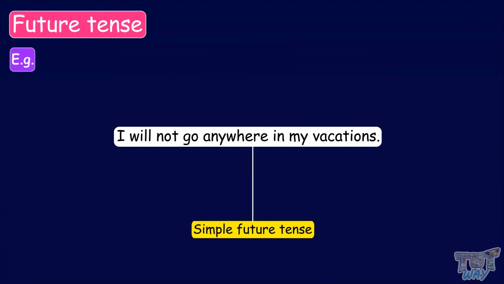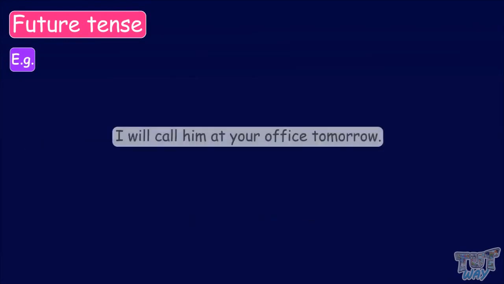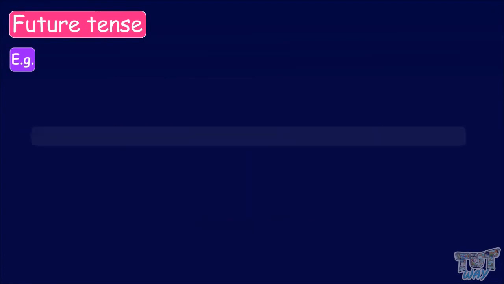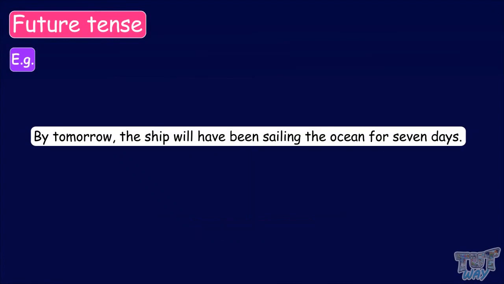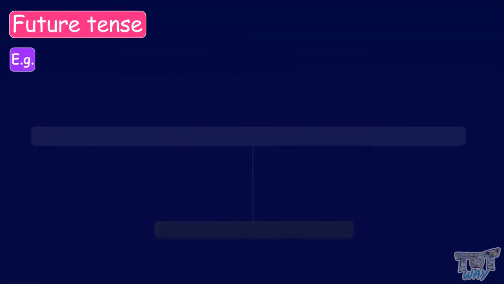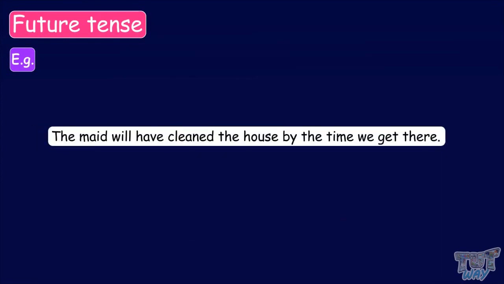Simple future tense. I will call him at your office tomorrow. Simple future tense. By tomorrow, the ship will have been sailing the ocean for 7 days. Future perfect continuous tense. The maid will have cleaned the house by the time we get there.